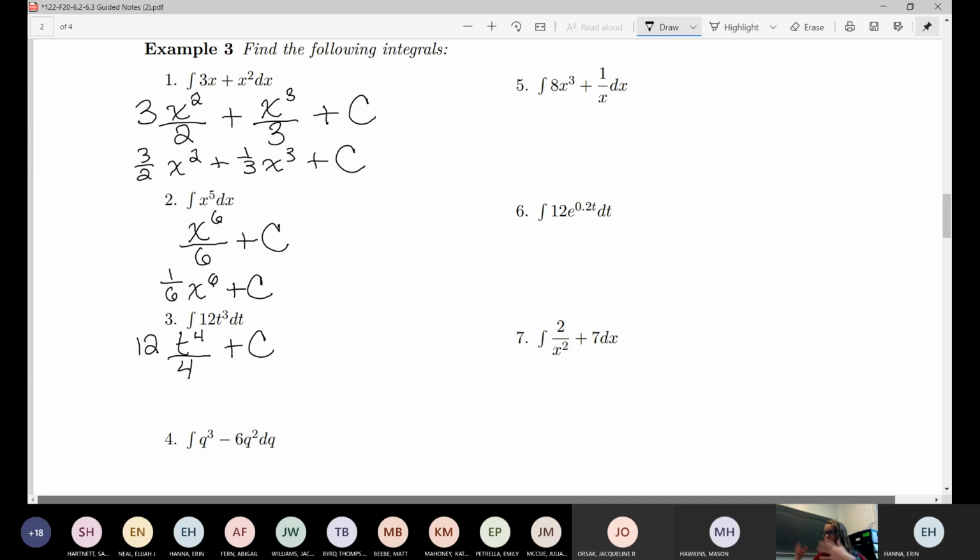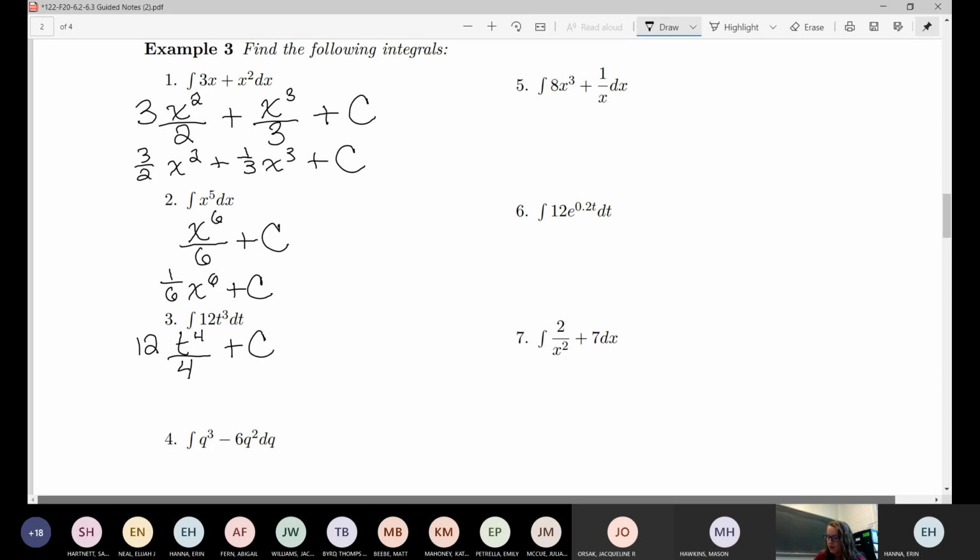Now, if you get good at these, like I've been doing these for so long, I know that's going to reduce to 3t to the fourth. If you can see that there's a 4 inside of that 12 and you know how to pull it out, totally go ahead. But technically that 12 comes along for the ride and then gets multiplied by the antiderivative of t cubed.